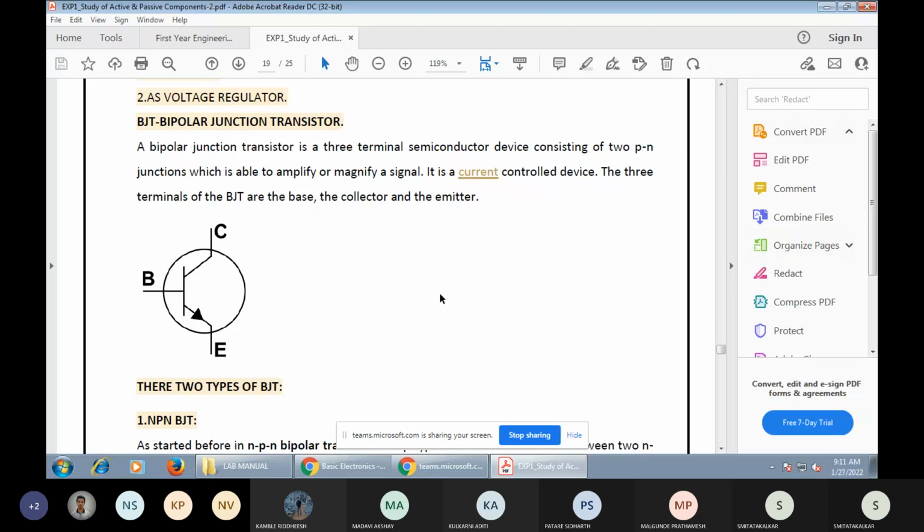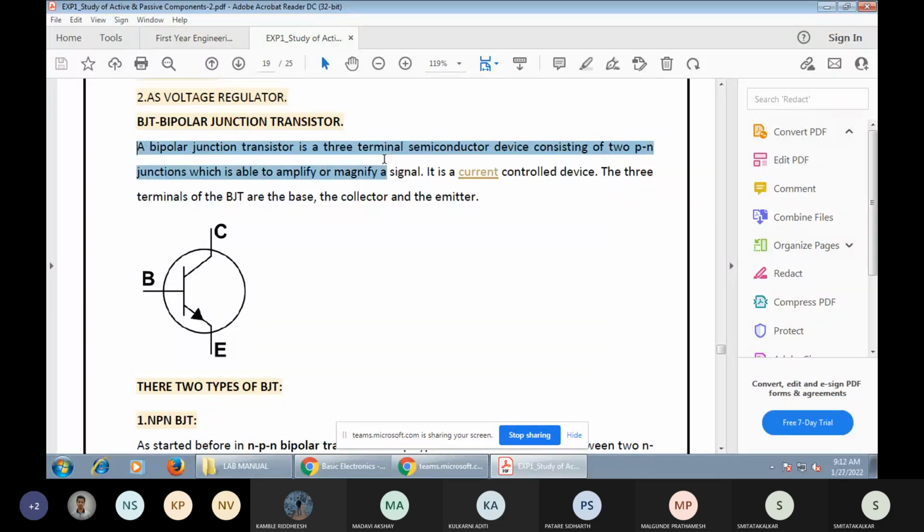In an NPN transistor the majority carriers are electrons, negative charge, and in a PNP transistor the majority carriers are in the p region, holes with positive charge. That's why it is a three-terminal device with two-junction formation.